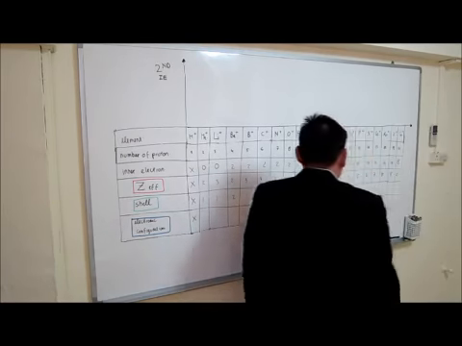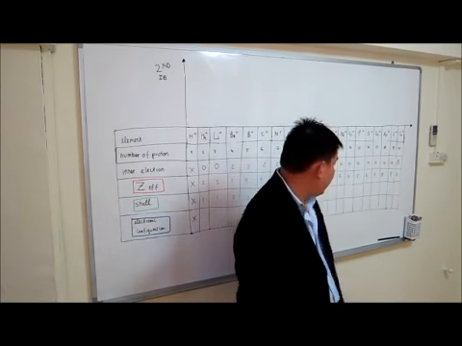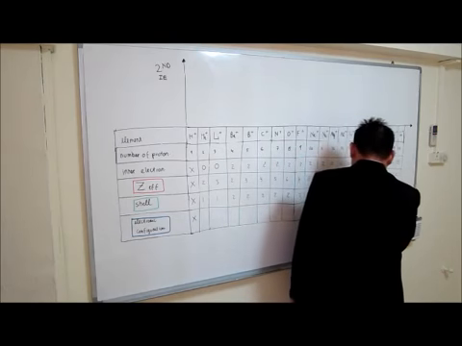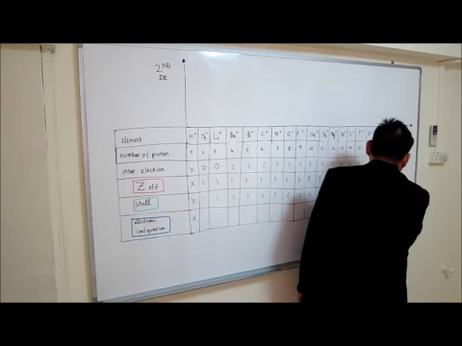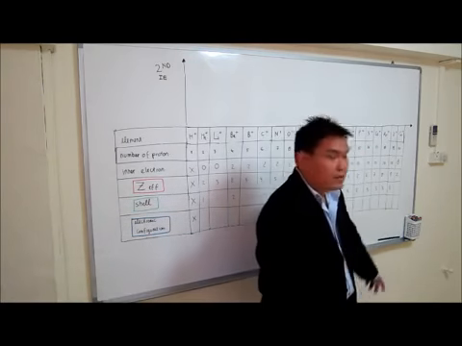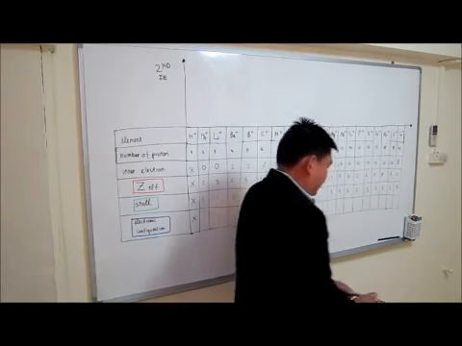In the case of magnesium all the way until potassium, they have 3 shell. In the case of Ca+, of course it has 4 shell. Very simple.